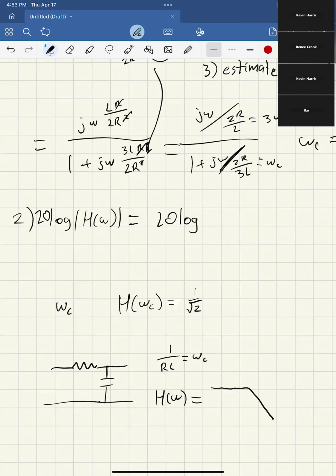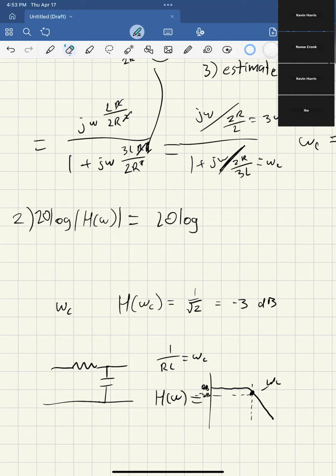So 1 over root 2 is minus 3 in decibels. So that's around here. This is the point that is omega c. If this is 0 dB, then this is minus 3 dB, and that's what it is for omega c.